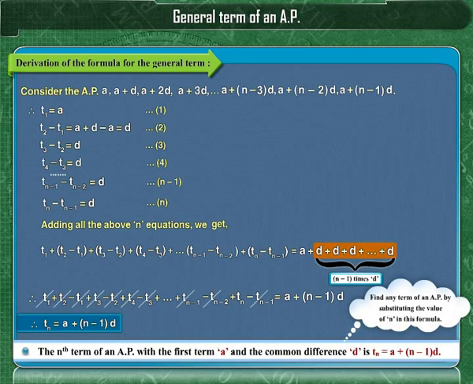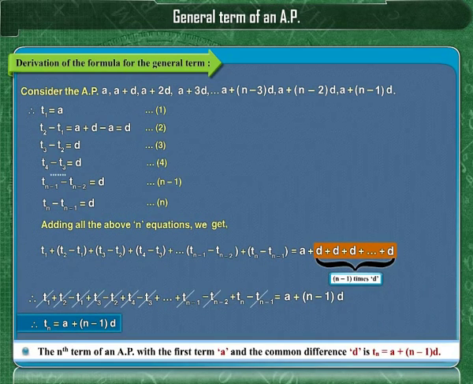We can find any term of an AP by substituting the value of n in this formula. Let us solve a few examples by using the formula Tn is equal to a plus (n minus 1) into d.